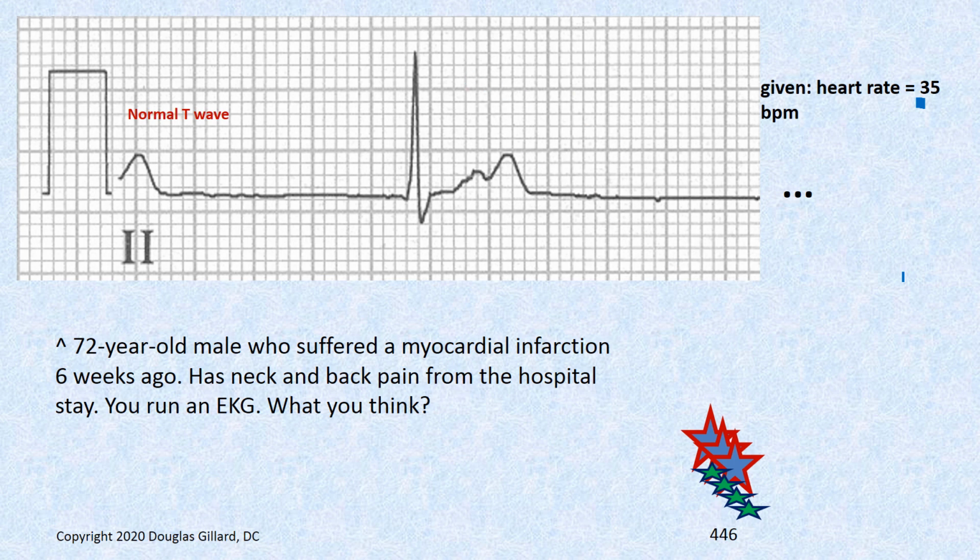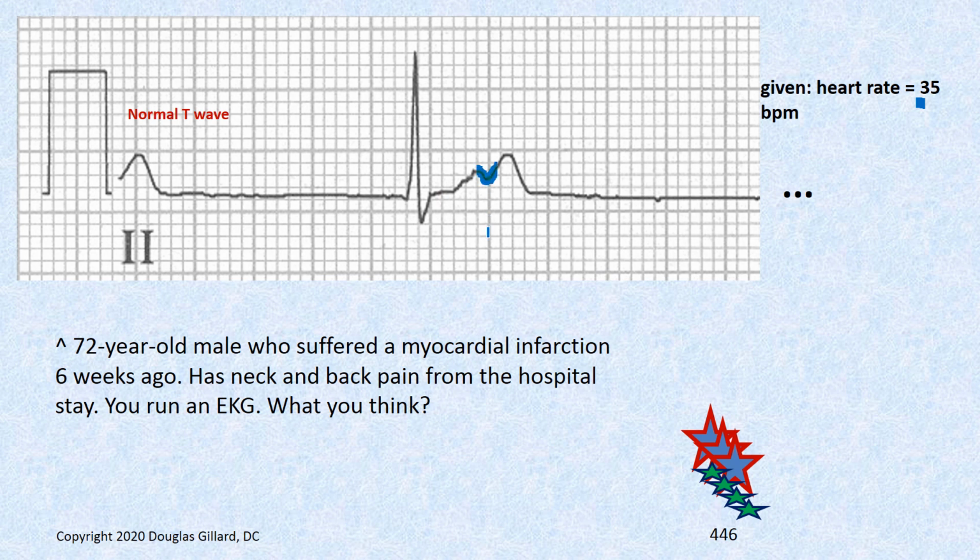What do you think? We don't have to calculate the heart rate. He's in bradycardia. Is it sinus bradycardia? No. Where's the P wave? It's not a sinus rhythm. This is an arrhythmia, so he's in non-sinus bradycardia, if you will. Where's the P wave? It's not here. It's actually right here.